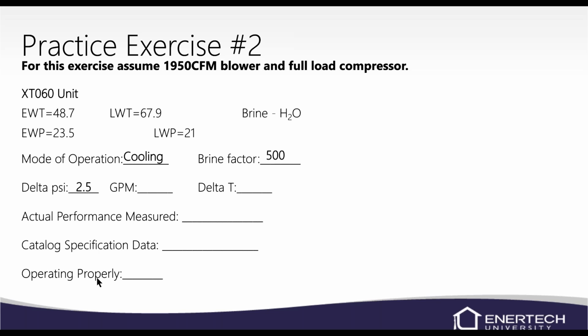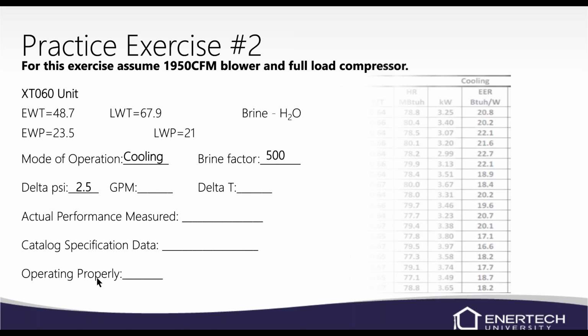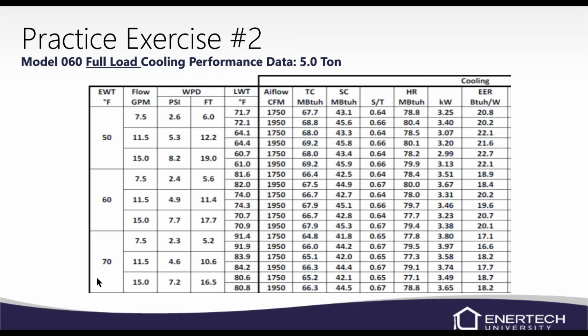So now we can look in the IOM. We had roughly 50-degree entering water temperature. We had a 2.5 pound pressure drop. I've got the feet circled there. Sorry about that. I think I switched this over from a square screen to a wide screen, and it threw a couple things off.